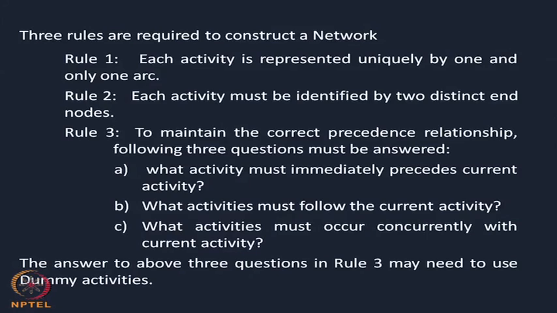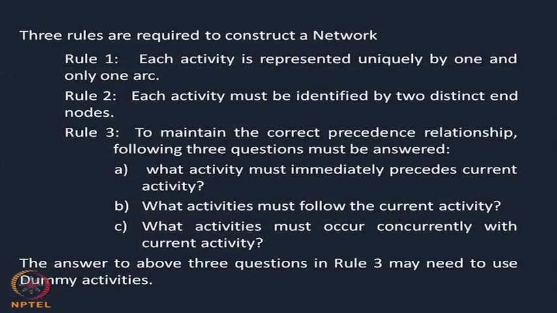As I was drawing, the flow cannot be in both directions. Rule number 2 is each activity must be identified by distinct end nodes. This you have already seen in the figure: there must be 2 distinct nodes at the 2 ends, starting and ending.